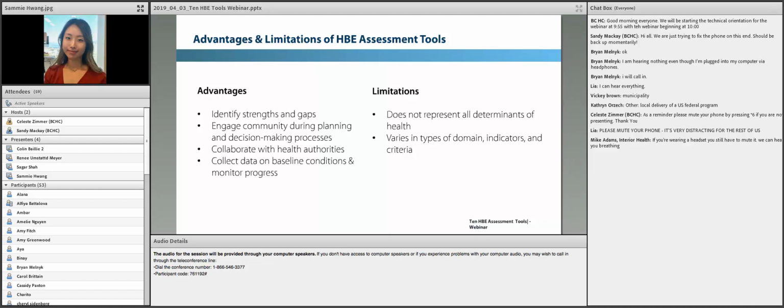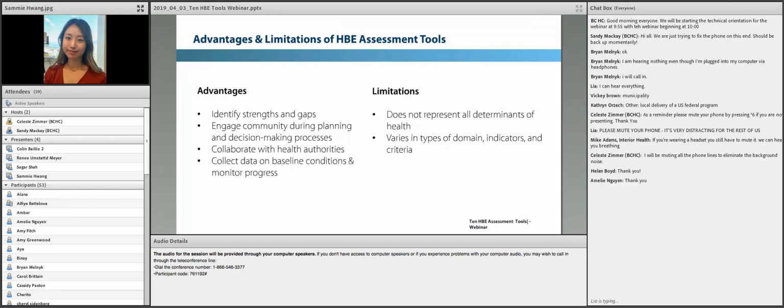And of course, there are some limitations. The tools don't represent all determinants of health, which impact overall population health. This also emphasizes the importance of local governments partnering with health authorities and health professionals in order to better identify the potential for existing health and equity gaps.